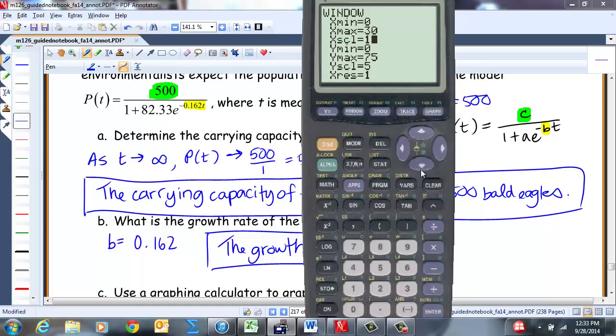And then for y, go 0 to 510, because the carrying capacity is 500, so it's not going to exceed that. So let's see what that looks like.